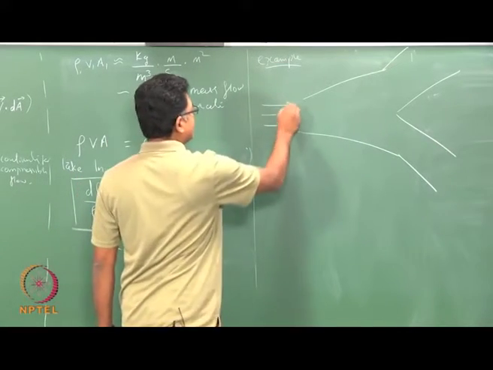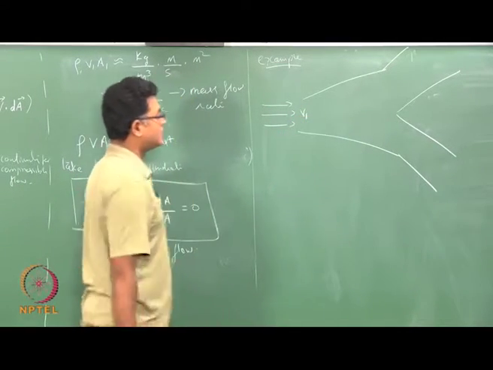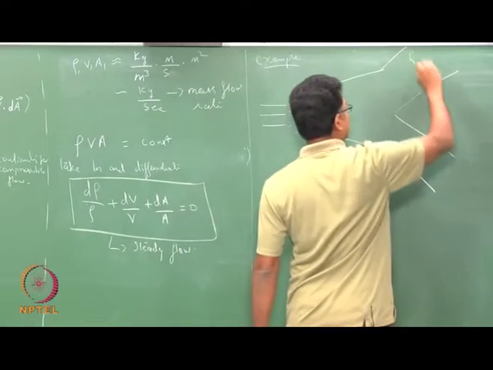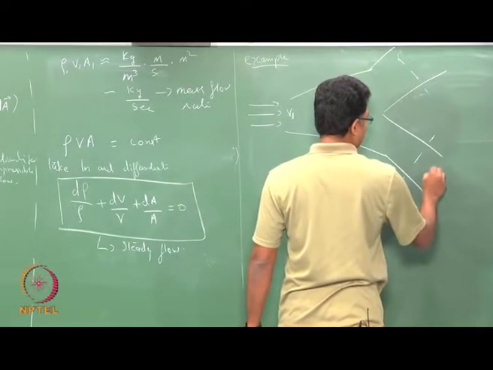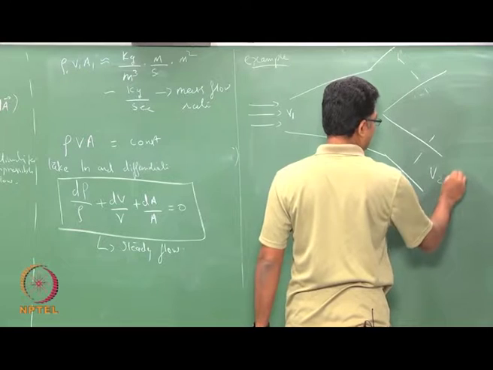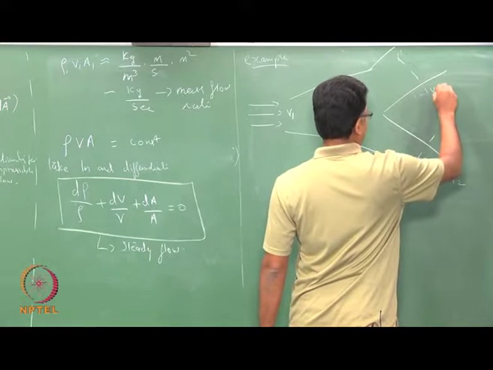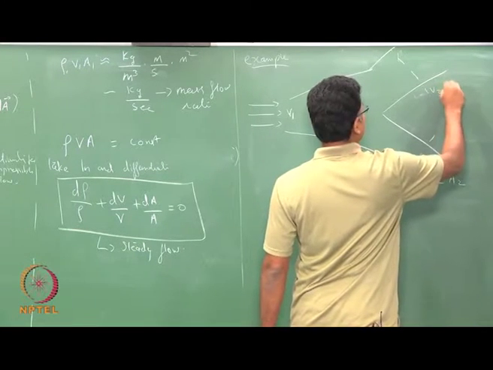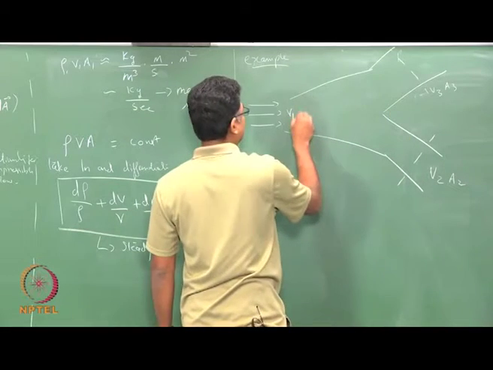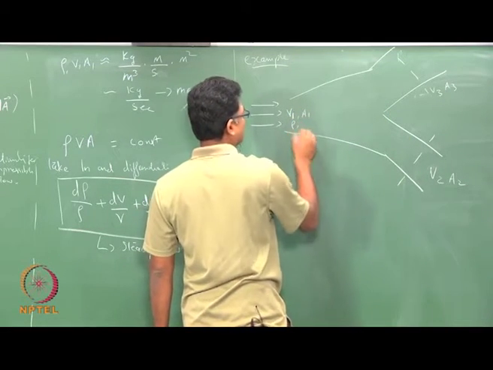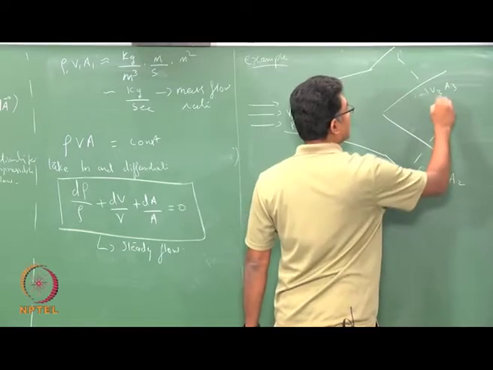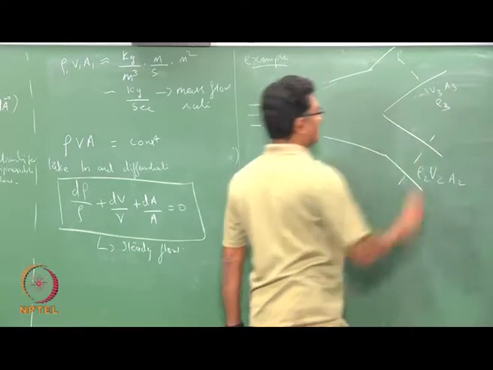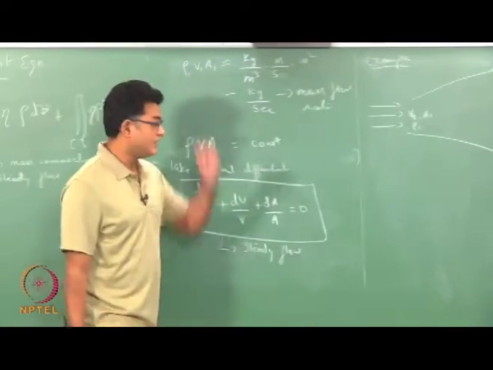So, there is a flow that is coming in, and there are 2 ways in which the flow is taking a deviation.